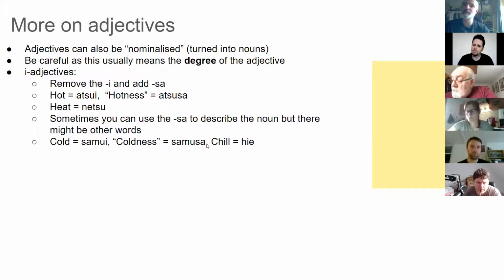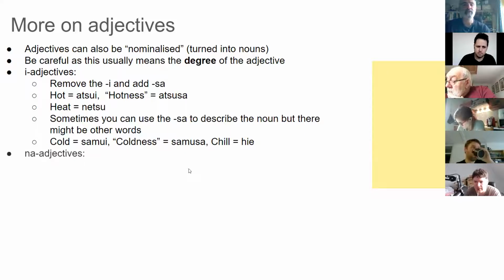This basically means the degree of coldness, not the actual physical energy form of coldness, like the amount of coldness that your fridge produces. It just means the feeling of coldness rather than the physical manifestation of it.